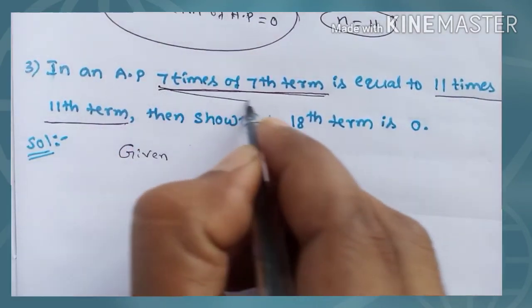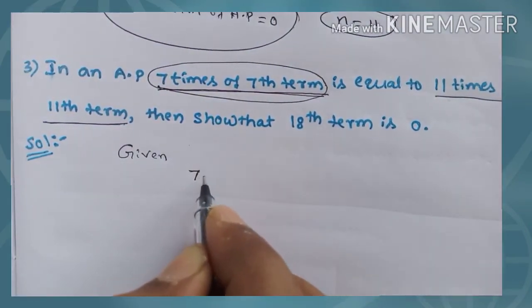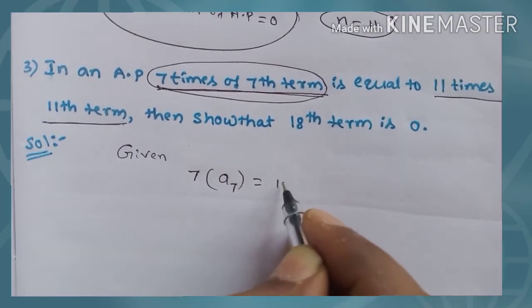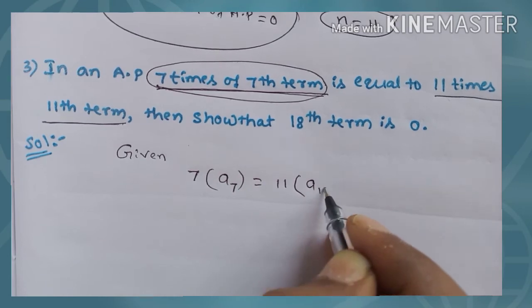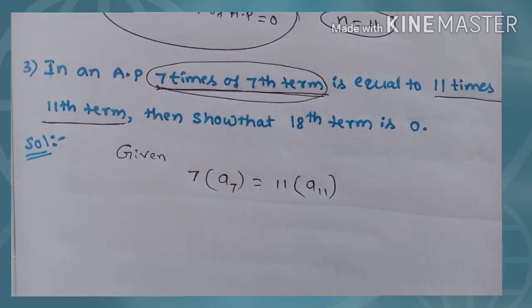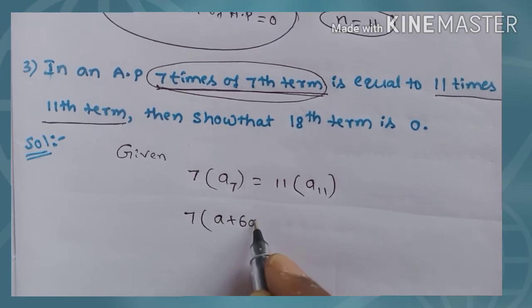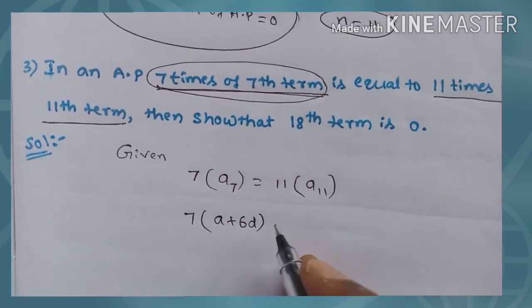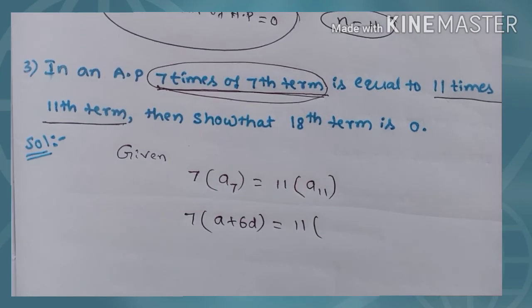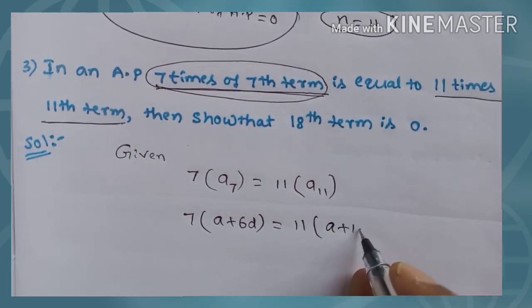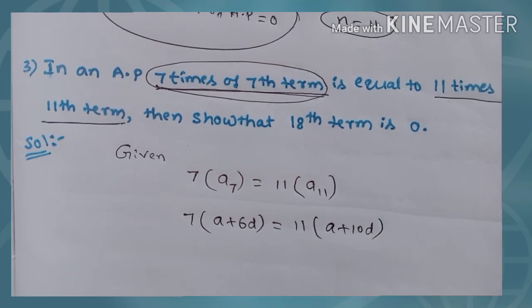Now 7 into the 7th term, the formula in AP is A plus 6D, is equal to 11 into A11, and the 11th term formula is A plus 10D.